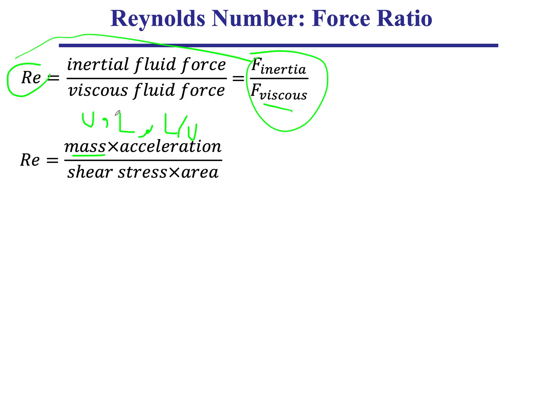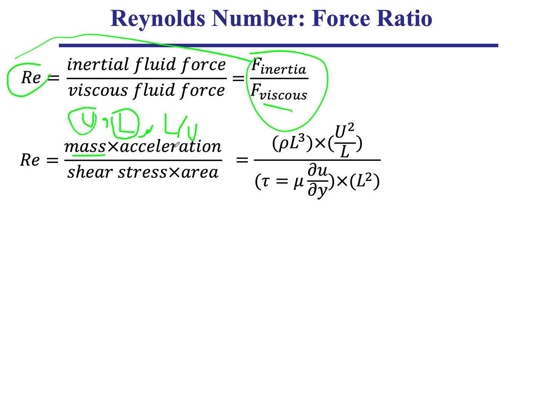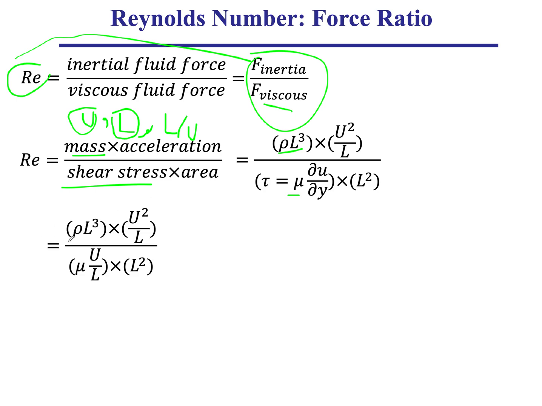Mass is density times length scale cubed, density times volume, while acceleration is velocity squared divided by L. So density times L cubed, times velocity squared divided by L. And the shear stress is tau, which is the viscosity multiplied by du/dy, times an area which scales with L squared. Tau is the viscosity times the velocity U, which scales with the velocity scale, and y scales with the length scale L. So we plug in U over L, and then we have L squared.